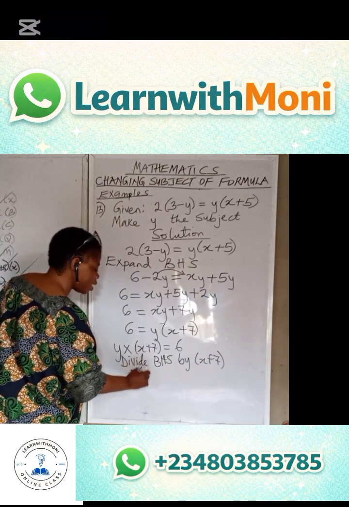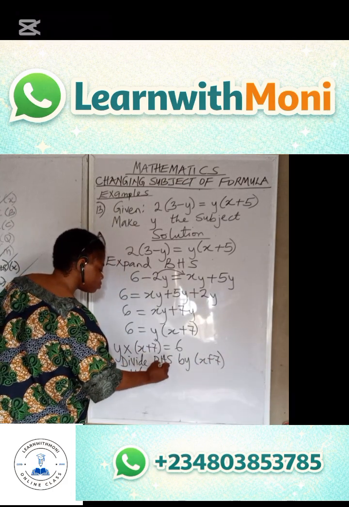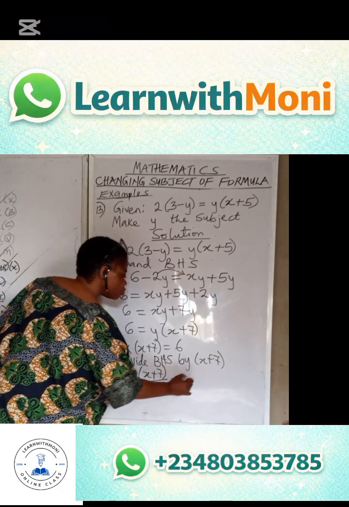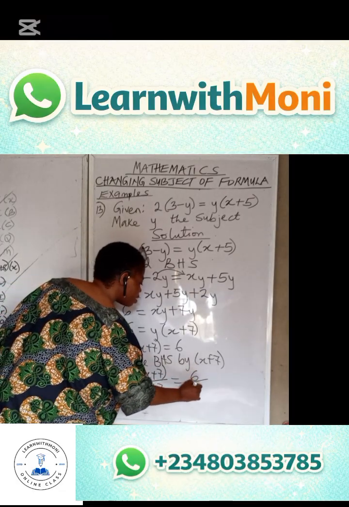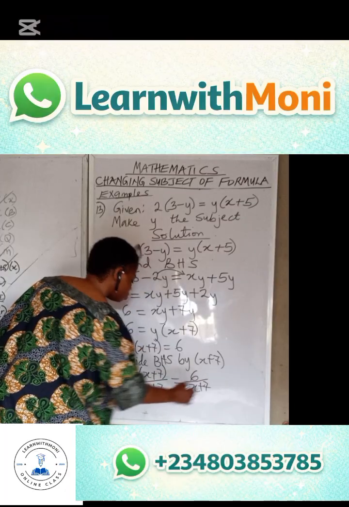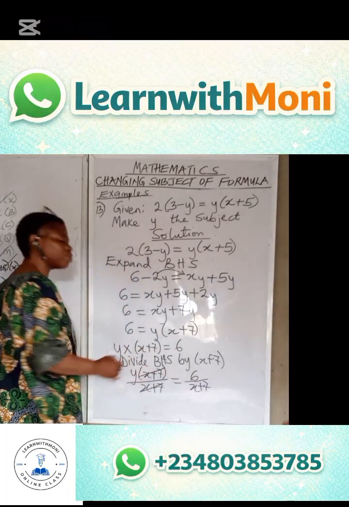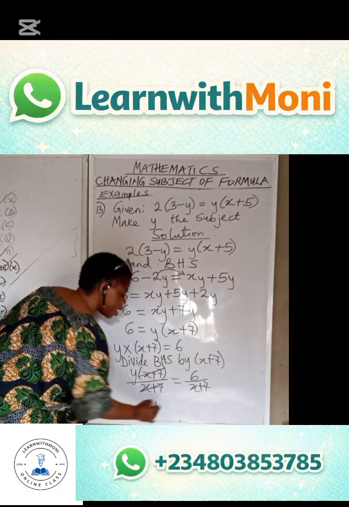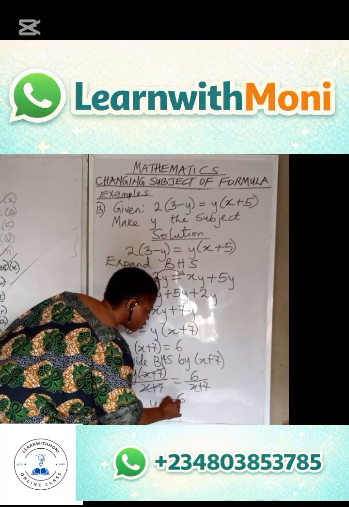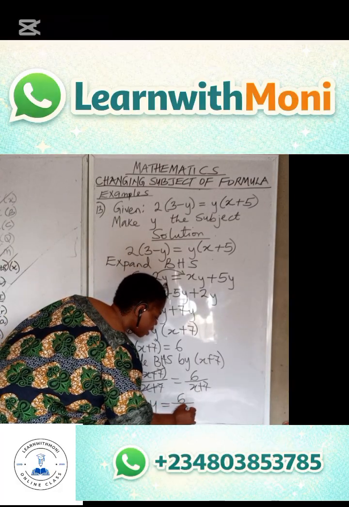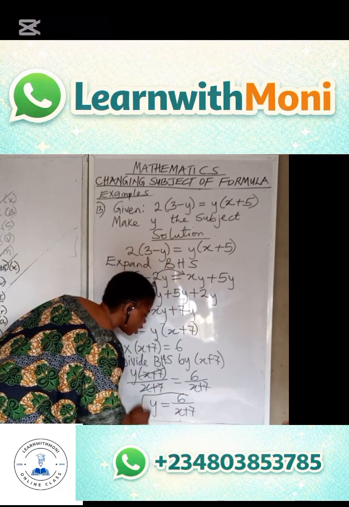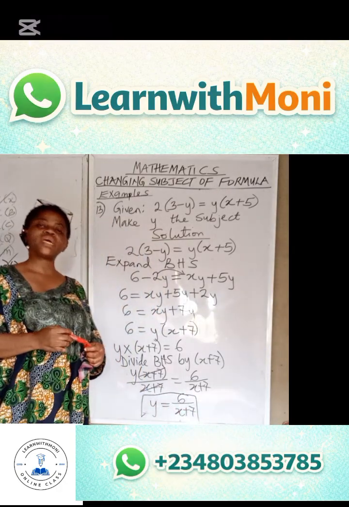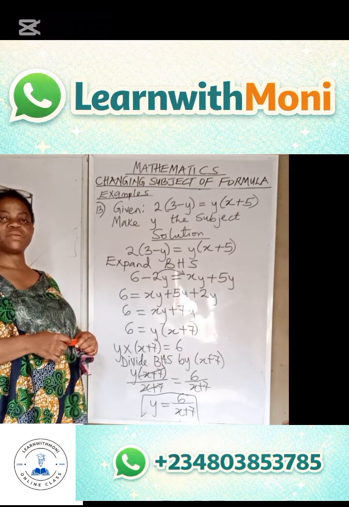Which means I have y into x plus 7 divided by x plus 7 equals 6 divided by x plus 7. X plus 7 cancels out x plus 7, so that I am left with y, which equals 6 divided by x plus 7. And with that, we have made y the subject of the formula.